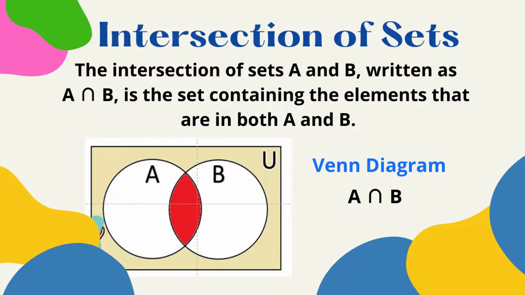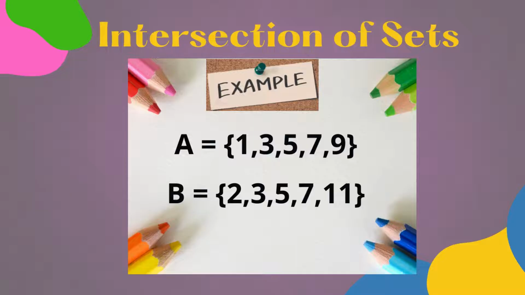We have set A and set B. All the elements inside the red part are elements present in both set A and set B. In symbols, the intersection of sets is written as A, the intersection symbol, and then B.